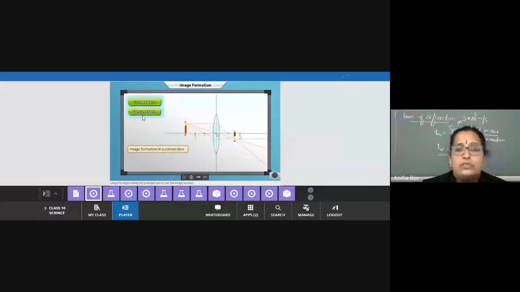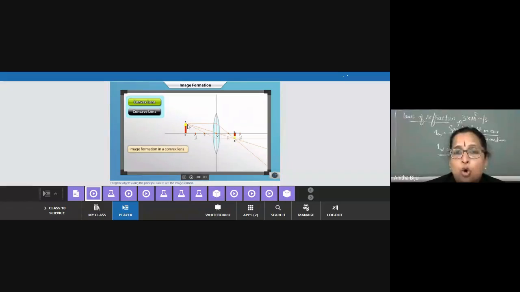So this is very interesting for you also. Image formation of a convex lens. You can see that first of all we are keeping the object beyond the center of curvature. Here it is mentioned as C1 or 2F1.